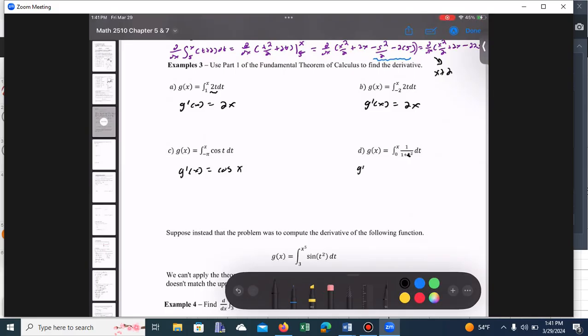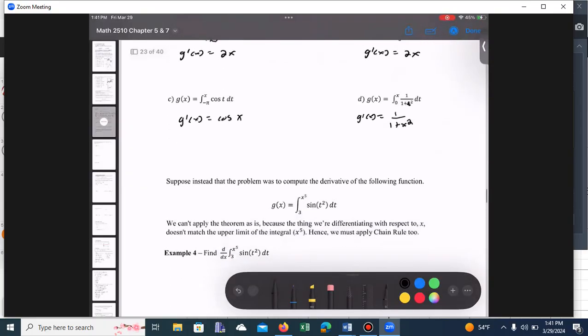Then g prime of x equals 1 over 1 plus x squared. And again, you just substitute the x in for t. Again, all this is saying is what you're taking the integral of. When you take the integral of it and then you differentiate, you get back the same thing. And so this is only just saying these are inverse processes.